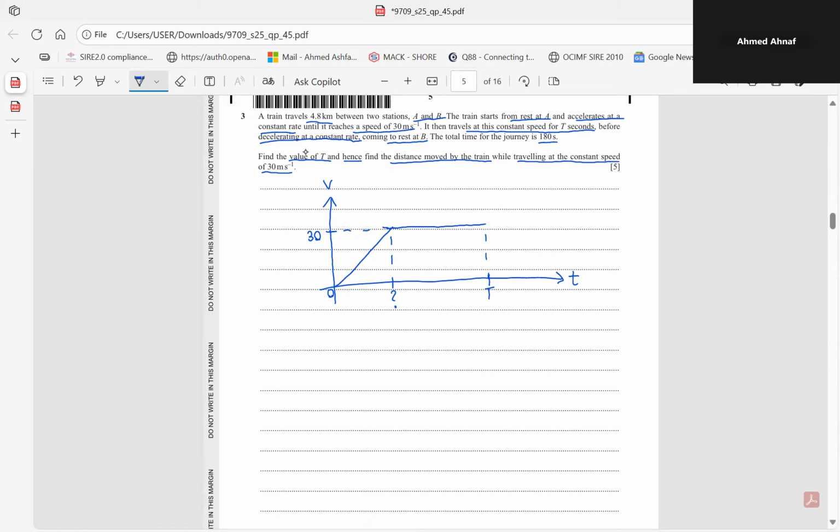So again, this would be a constant negative gradient, coming to rest at B. And this train reaches B at 180 seconds. I think this is all the information that we have.